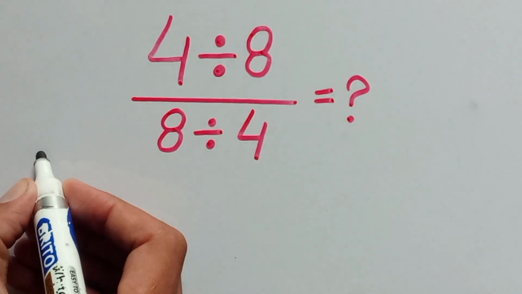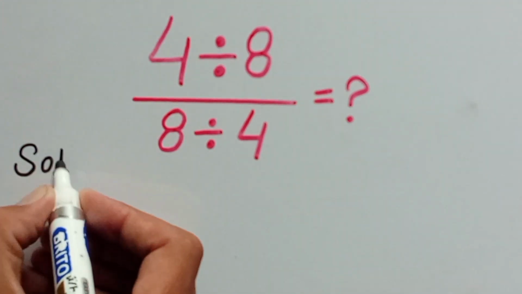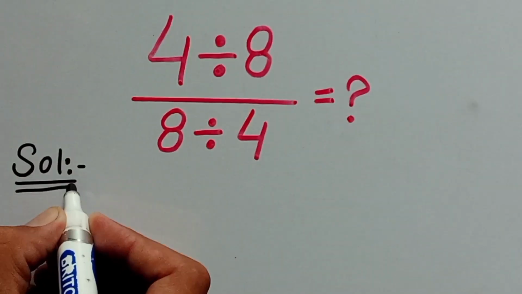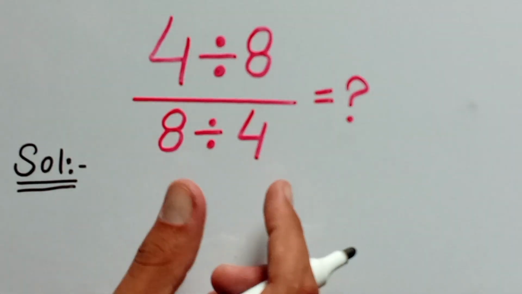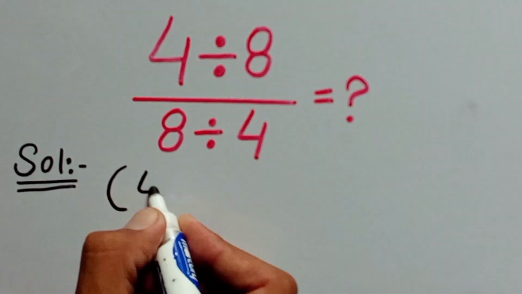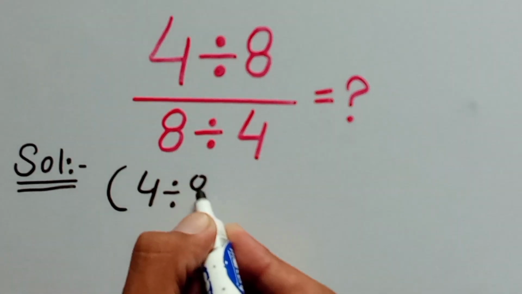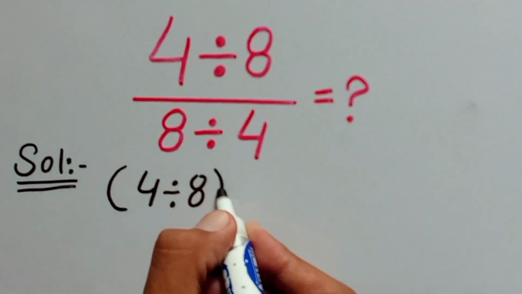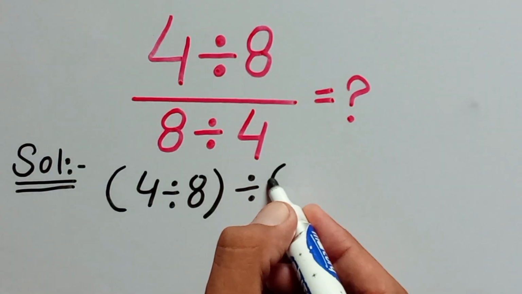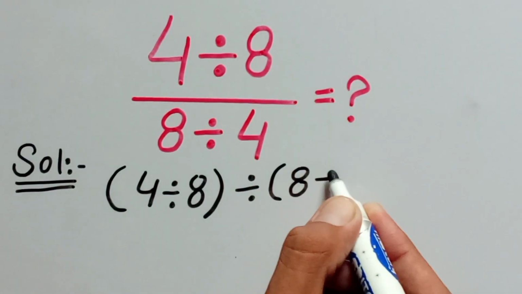So guys, our solution is: first of all I can write this question in this form: parenthesis 4 divided by 8 close parenthesis divided by open parenthesis 8 divided by 4.